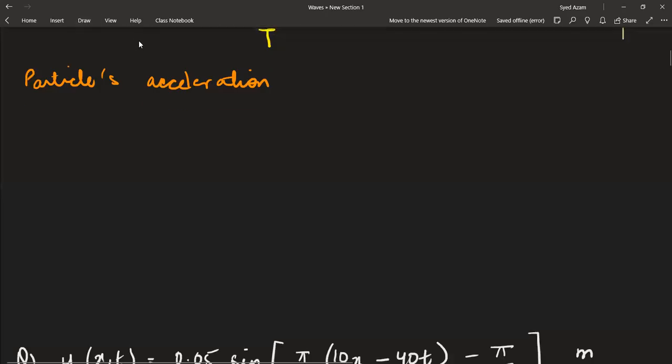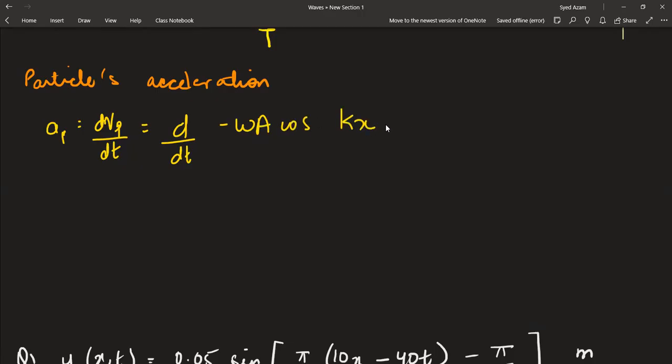Okay, coming to particle's acceleration. So see, how do we calculate acceleration? Particle's acceleration will be given by differentiation of velocity. So you differentiate velocity over time. So this d over dt, this is minus omega a cos kx minus omega t plus phi naught.